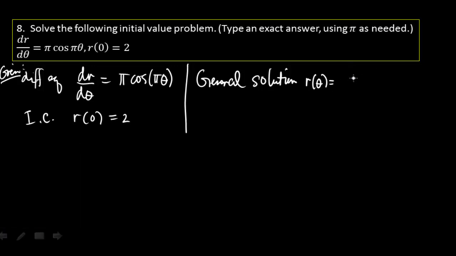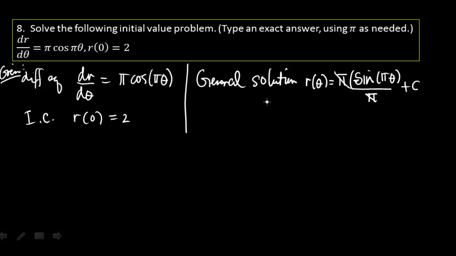So r of theta is equal to pi times the antiderivative of cosine of pi theta, which is positive sine of pi theta, the whole thing divided by pi, plus a constant. So cancel that out and then check. If I differentiate it, will I get this? Yes. So now we've gotten the general solution.